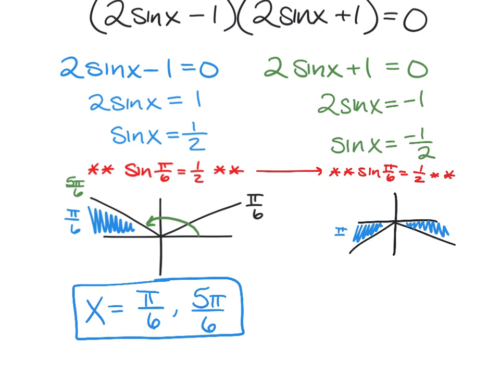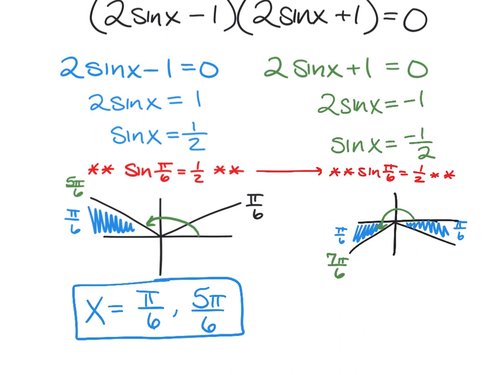Which means the obtuse and very, very obtuse angles, what would this one be? It would be 1 more than 180 degrees. So 6 over 6 is 180, so this would be 7 pi over 6.